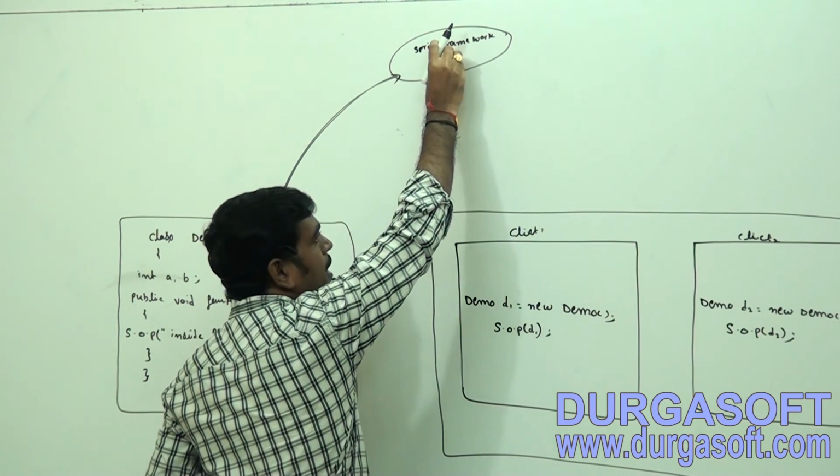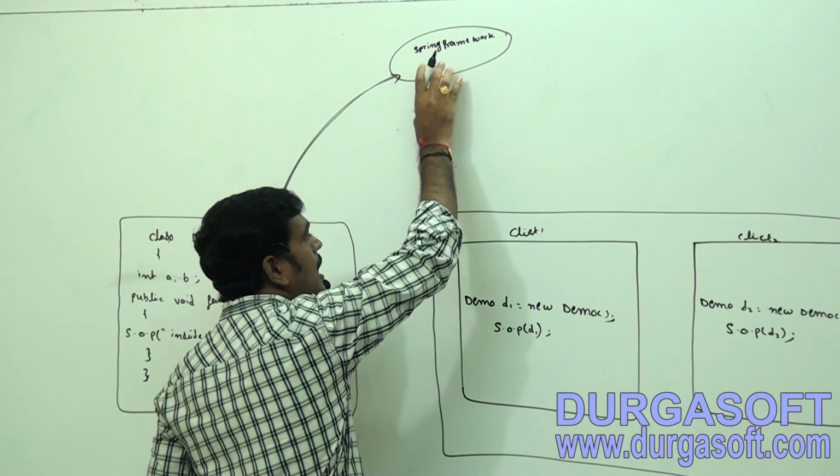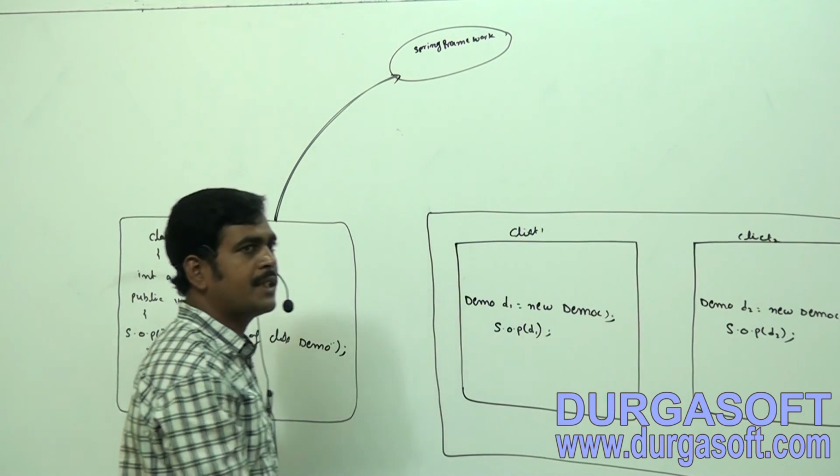Now the Spring Framework is going to create this class object, and it is going to give this class object in our application. The Spring Framework creates all the objects and is ready to provide those objects.